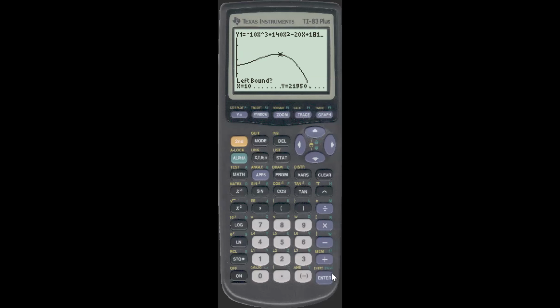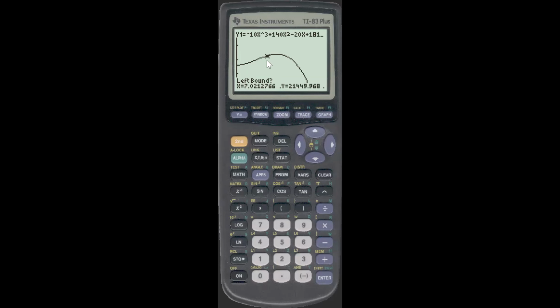Now this is not the maximum, just where it put the cursor. Let me know when you see left bound on your screen. Okay, so you're going to use the directional pad, the D-pad, and go left of the maximum. The whole question is, how far left? Well, left of it. Somewhere around here is left of it. That's what it means by left bound, left of the max. Hit enter.